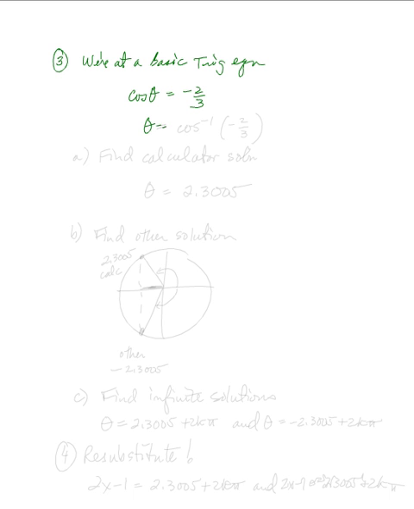So theta equals the inverse cosine of negative 2/3. And to find the calculator solution, you just plug that into your calculator and it'll give you theta equals 2.3005.